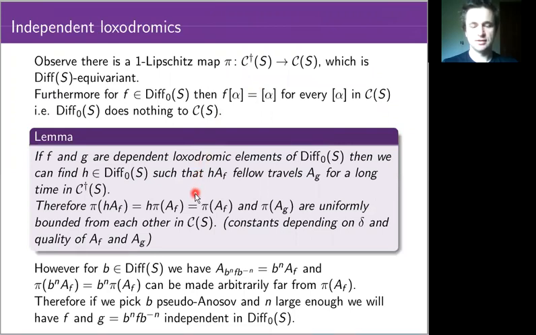If you see H A_F fellow traveling A_G for a long time, sufficiently long, then pi A_F and pi A_G are uniformly bounded from each other in the ordinary curve graph of S, but the constants depend only on the hyperbolicity constant and the quality of the axes A_F and A_G, because they're quasi-axes, they're quasi-geodesics. Observe also, since H is in Diff naught, pi of H A_F is the same as pi A_F.